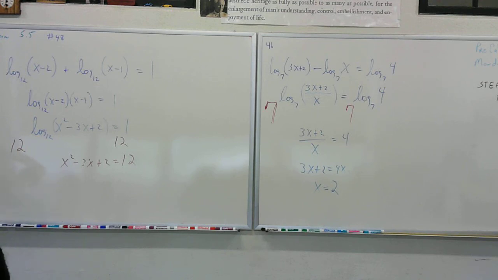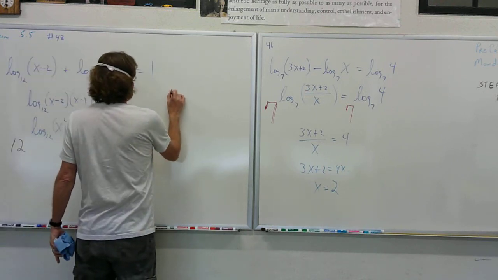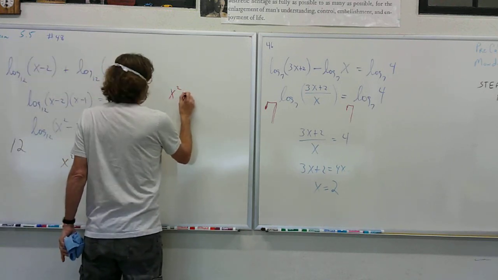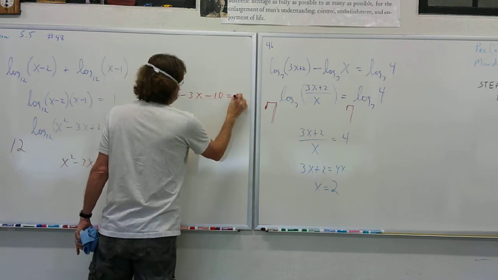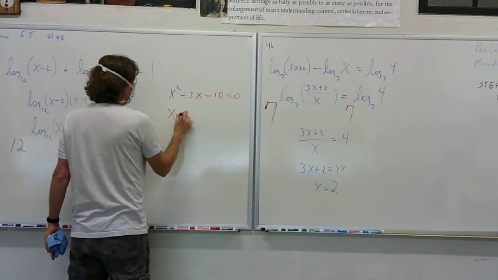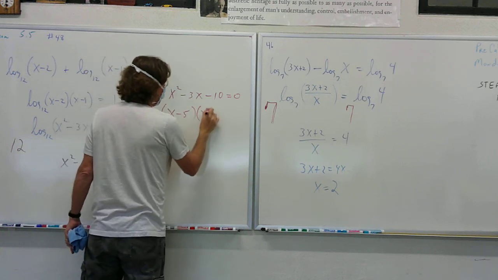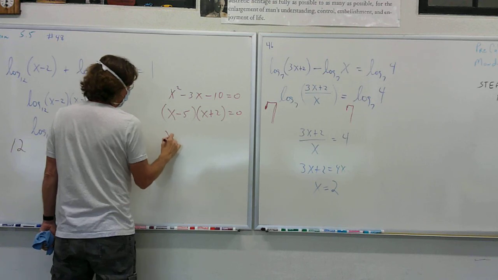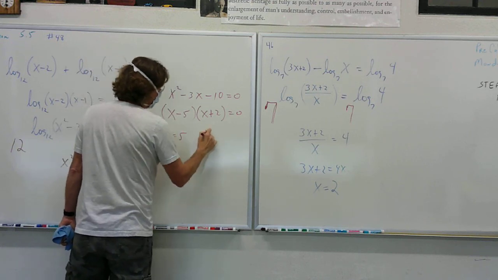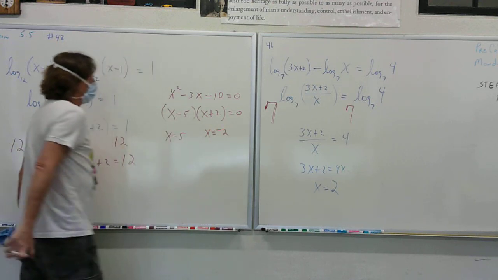This is a trinomial. x squared minus 3x minus 10 equals 0 factors into x minus 5, x plus 2. And you get x equals 5 and x equals negative 2. And then you test them.